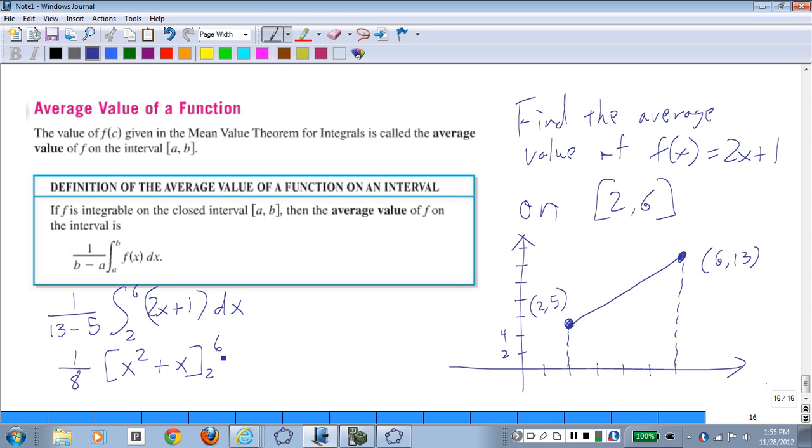Take the derivative of x squared, you get 2x. Take the derivative of x, you get 1. So x squared plus x ought to work. Go from 6 to 2. So this is going to be 1/8 times 6 squared plus 6. Maybe I should use brackets instead of parentheses.